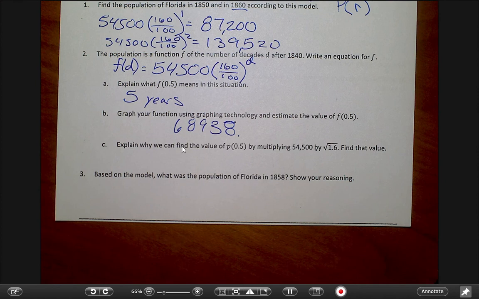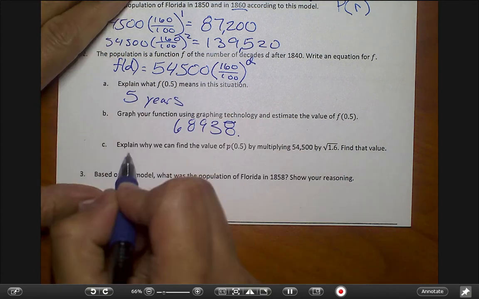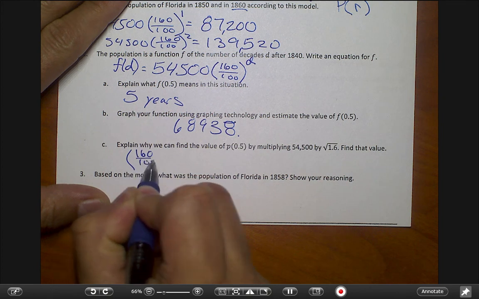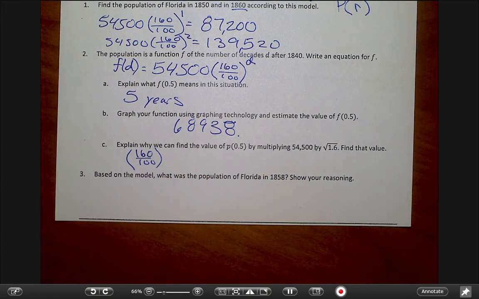All right, explain why we can find the value of p of 0.5 by multiplying this by this. We can. Okay, now, we know that 160 over 100, if I turn that into a decimal, what do I get? 1.6.